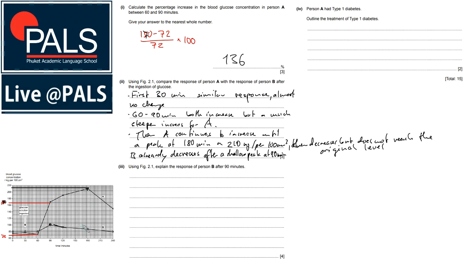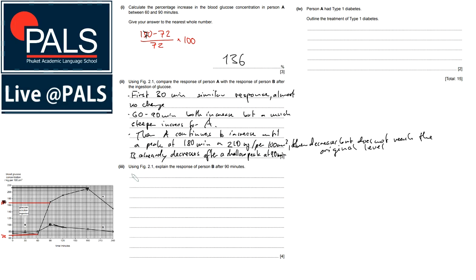So person B looks very healthy. Now the blood sugar level increased a little bit, and then it started to decrease. So that is related to insulin.